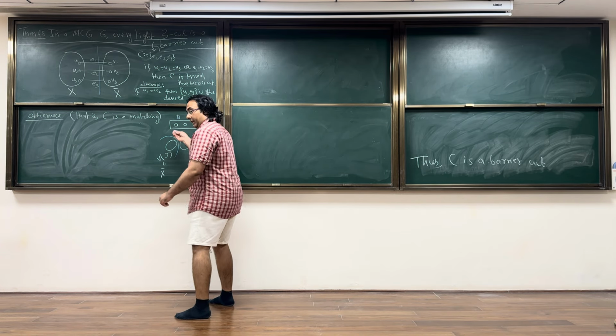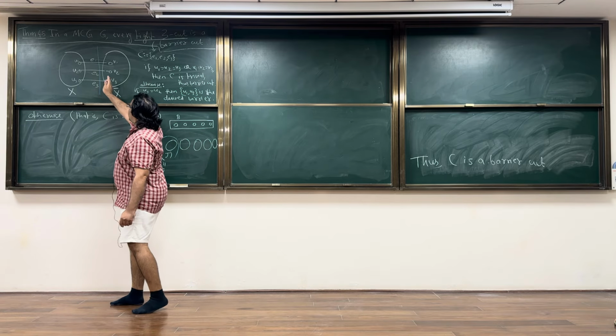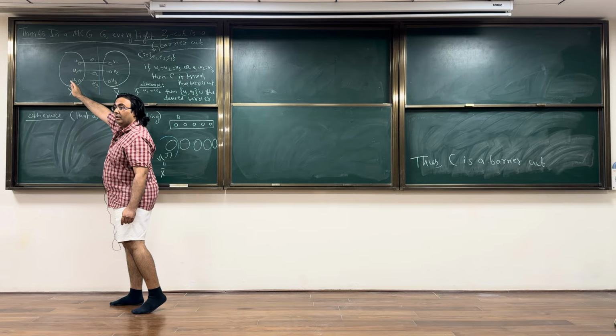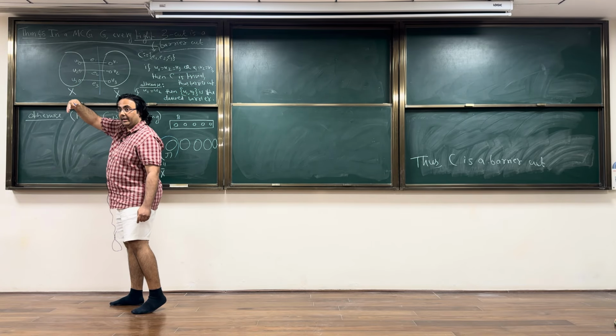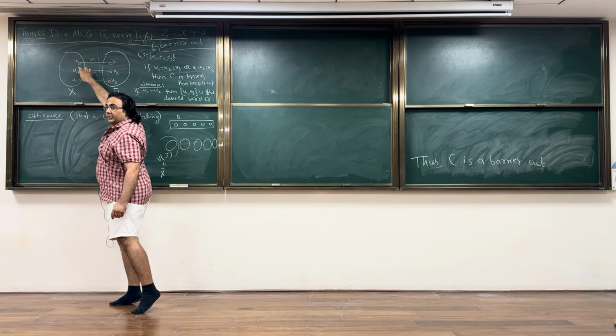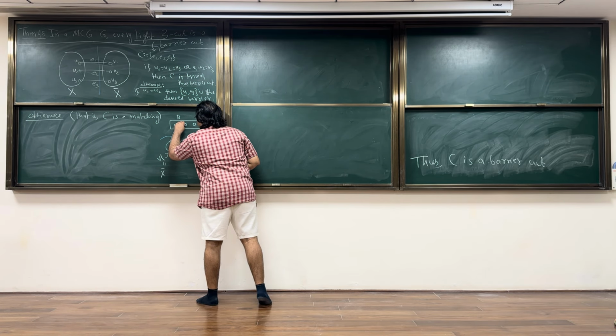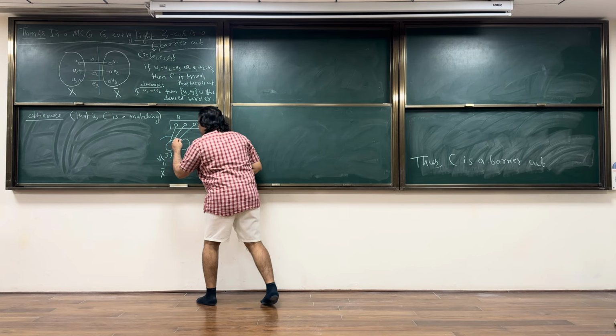Okay, so let's continue thinking what this means. And the three edges leaving X bar, where should they go? They should go to the barrier. So therefore, where should these three vertices be? These three should be in the barrier. Okay, so I should have three edges like this.